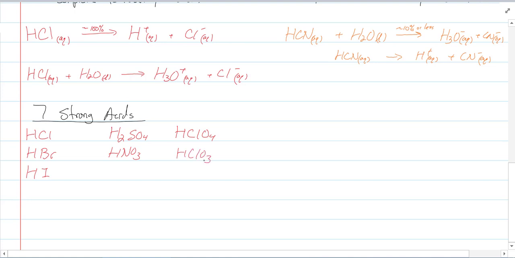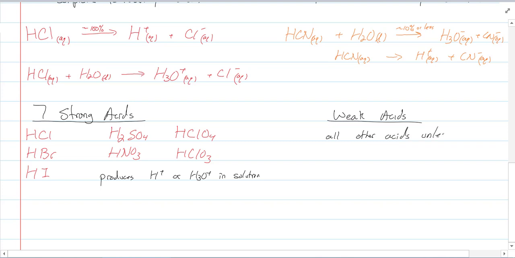All right, and of course the acids, what does an acid do? It produces H plus or H3O plus in solution. Then weak acids will be all other acids unless specified.